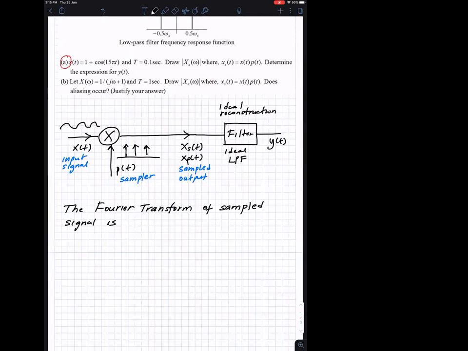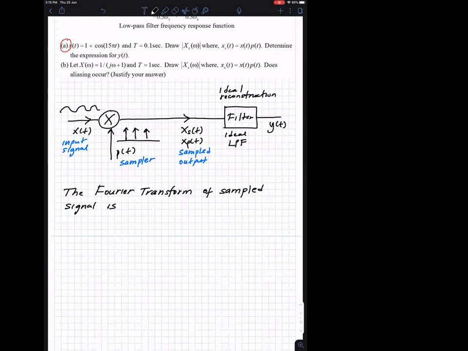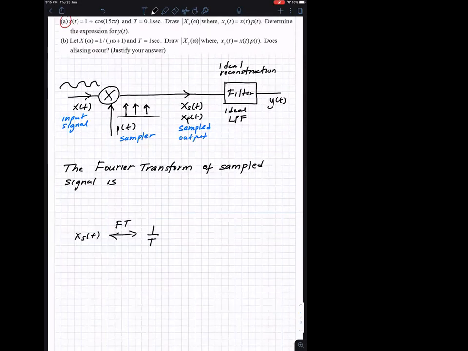So this is something that you want to remember. It is 1 over the sampling interval, summation from negative infinity to positive infinity, X of omega minus k omega sub s. So this is the only formula that you need.